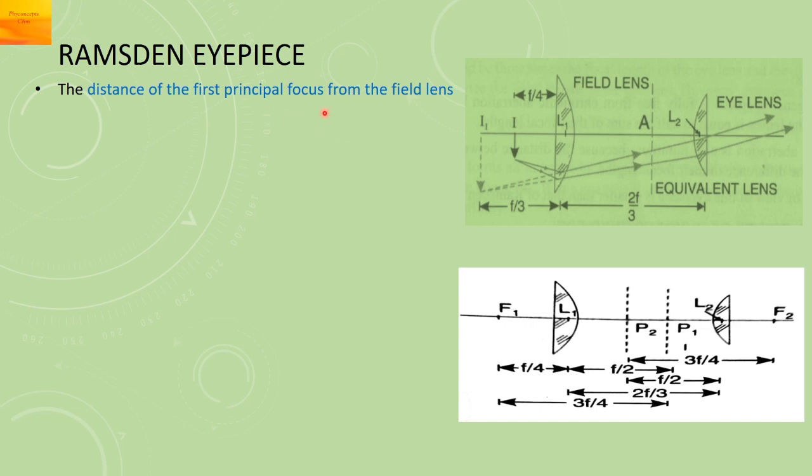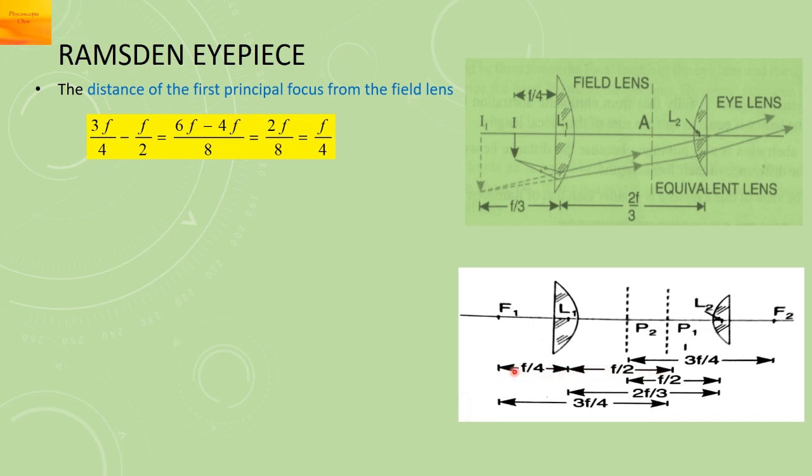Distance of the first principal focus from the field lens, that is the distance of this F1 from the field lens, can be found as this distance 3f upon 4 minus this f by 2.